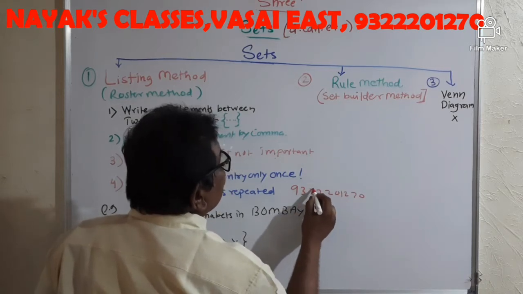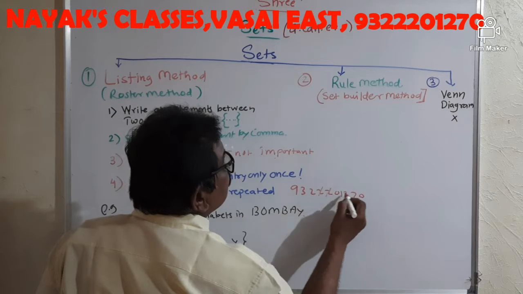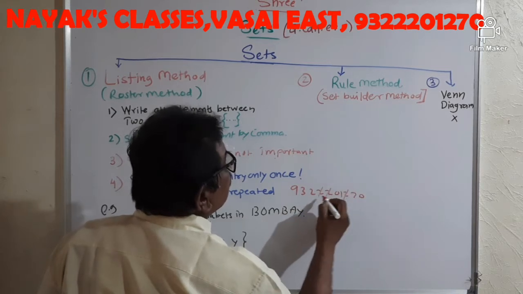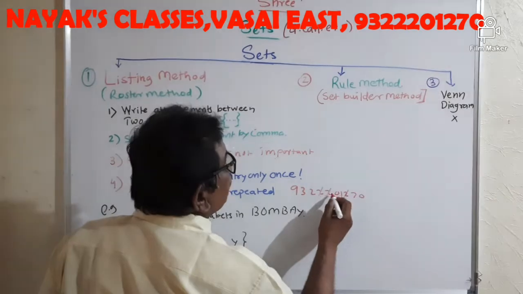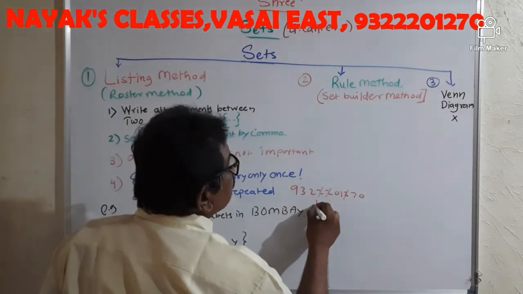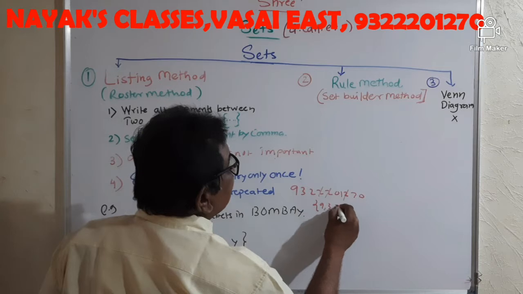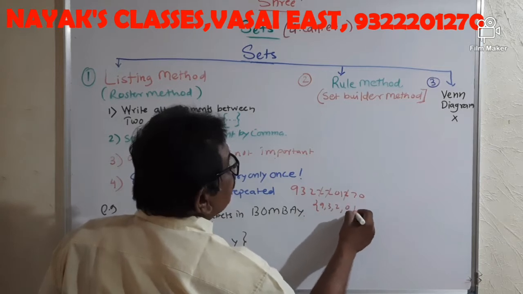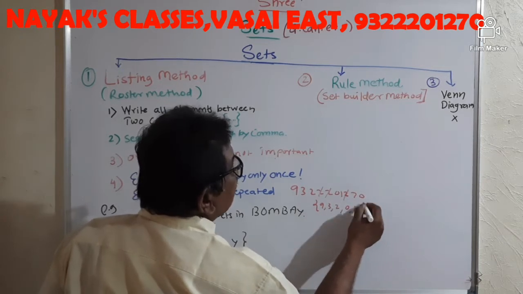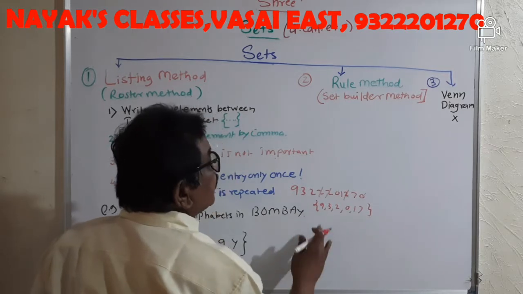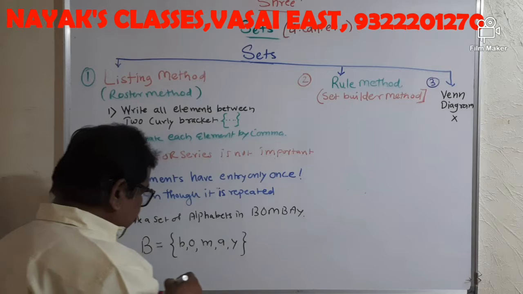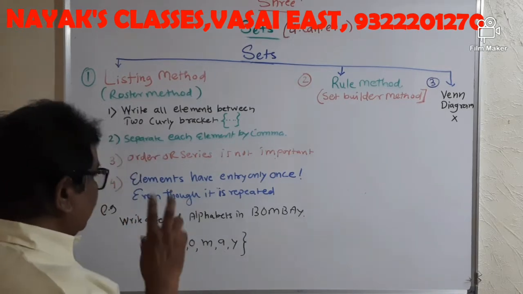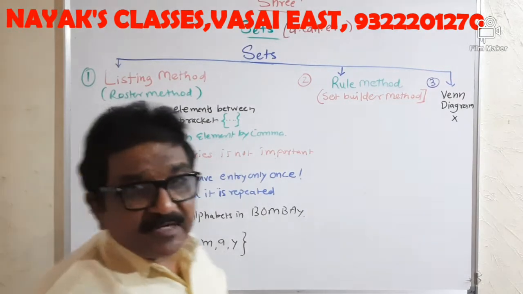In the set only one 2 will come, the other times 2 has repeated, they will not come. So the set will be 932017, and this second 0 will not come. So an element will have an entry only once, even though it has repeated.